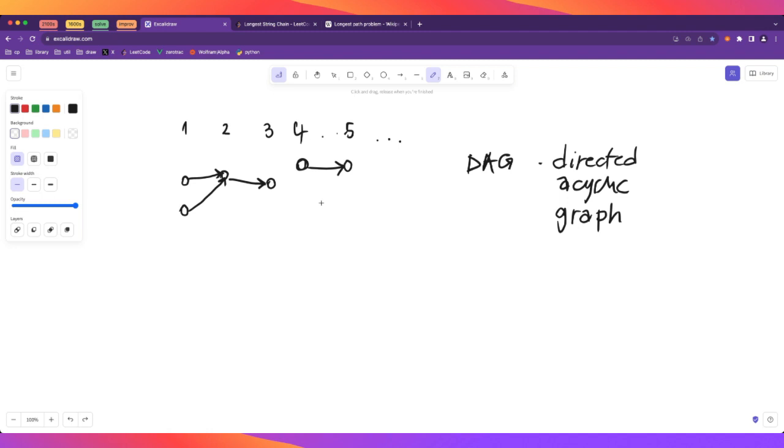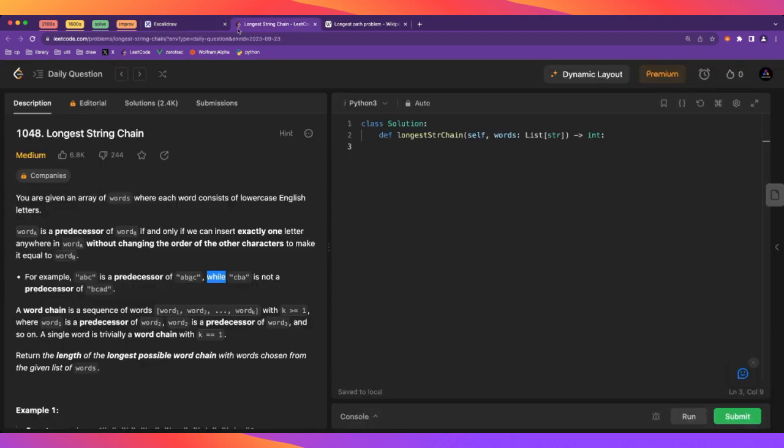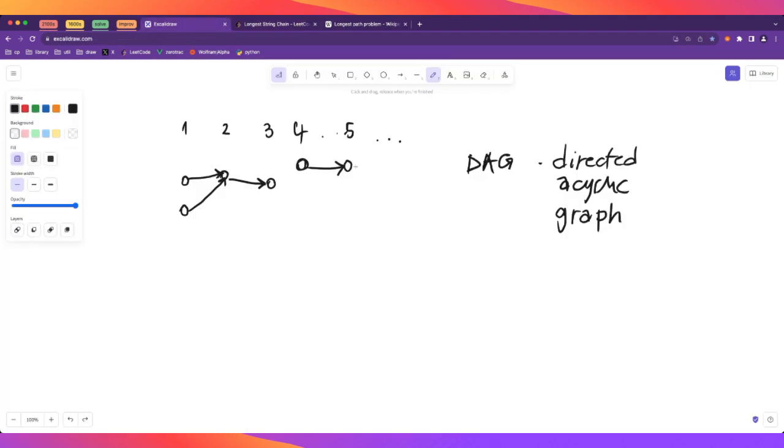Okay, and we are in luck because it turns out that the longest path problem is easy for this kind of graph, for a DAG. That is because we can solve it recursively.